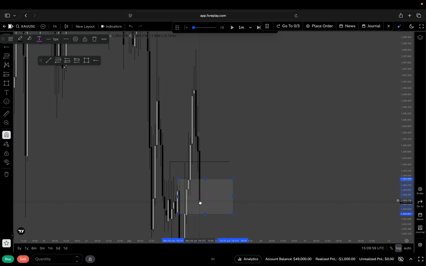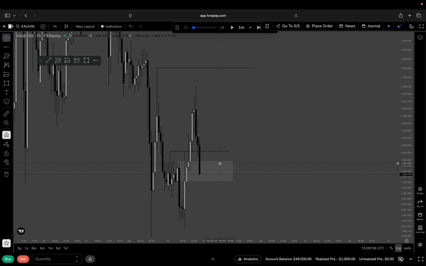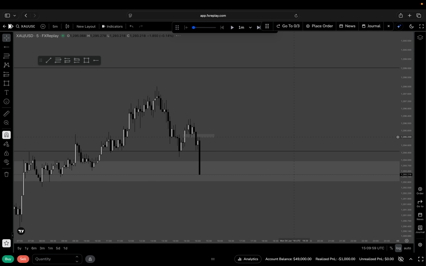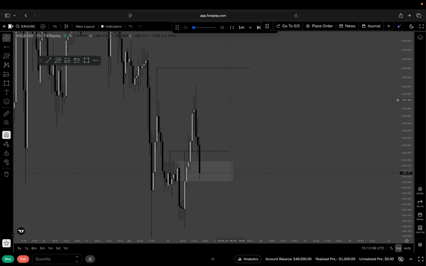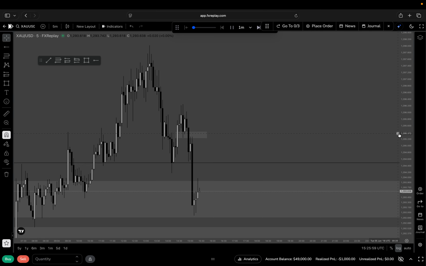What time is it? 3 p.m. So we are in Asia session. See what we want to do from this 1 hour breaker here. We still have this fair value gap below it as well. We still have this whole range. See if we get some displacement.